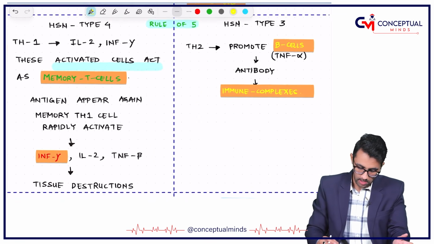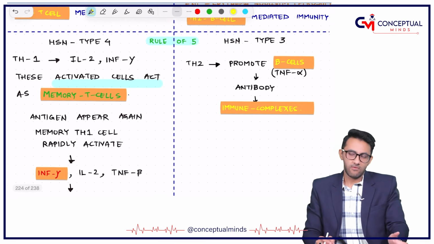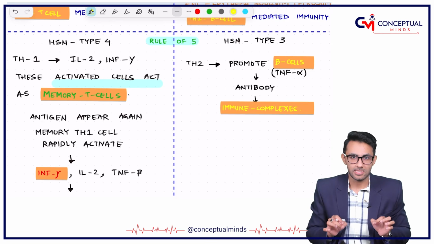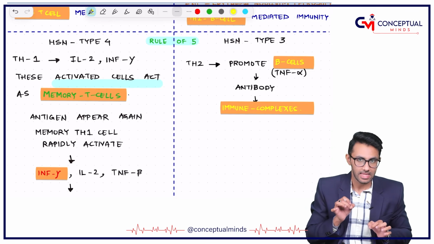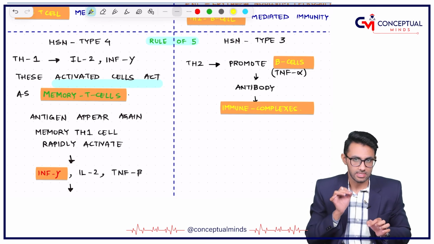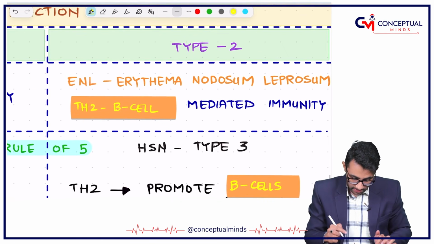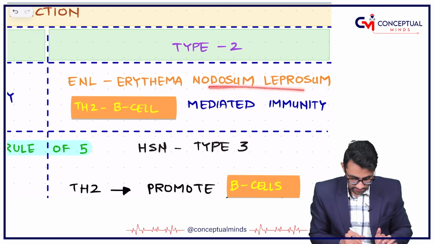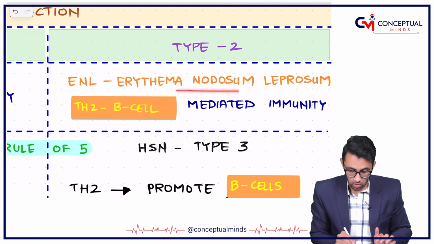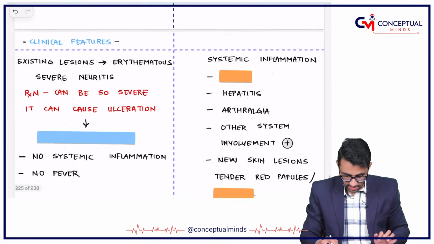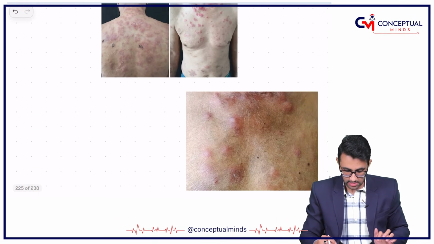That is the basis of the next name, right? The type 2 Leprae reaction is also called erythema nodosum leprosum, ENL. These nodules we see are the immune complex deposition.